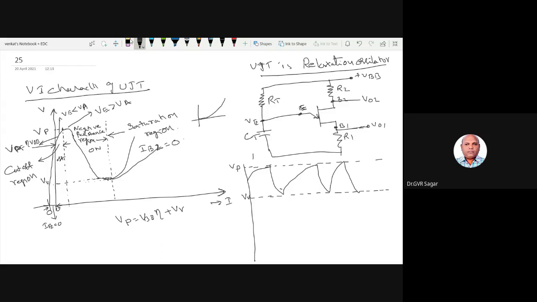It is simply in off state. Until the capacitor reaches the maximum charge, the UJT is in off state. So the capacitor initially charges through the RT to a maximum voltage. The maximum voltage means it is the peak voltage. Up to that peak voltage, the capacitor is charging.